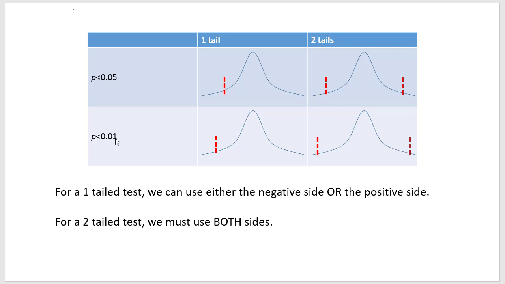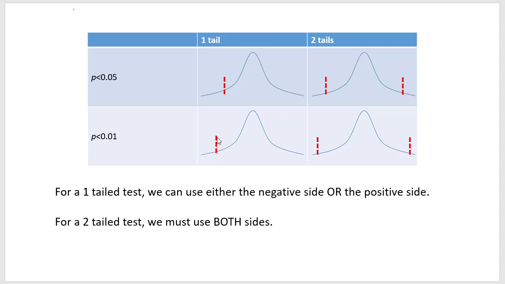Or you could also use an even smaller cutoff by saying we will reject the null hypothesis if our result occurs less than 1% based on the comparison distribution. If we have a probability of less than 0.05 in a one-tailed test, our cutoff will be at a particular point. What's important to know here is that if we have a cutoff of 0.01, that means that our cutoff is even lower, meaning that we have a smaller likelihood of rejecting our null hypothesis.